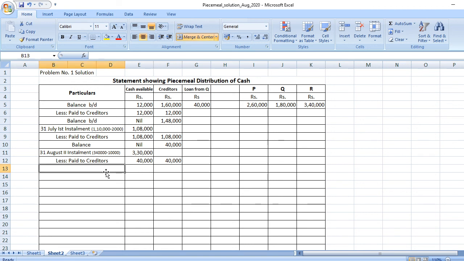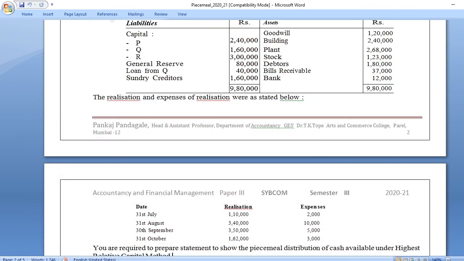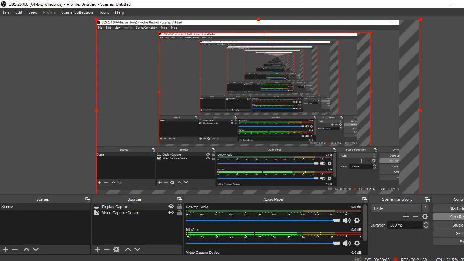Now the balance available is 3,30,000 minus 40,000, so the rest of the balance is 2,90,000. The creditors are paid and are now nil. The first liability we paid was to creditors, and whatever we had, we paid to creditors.